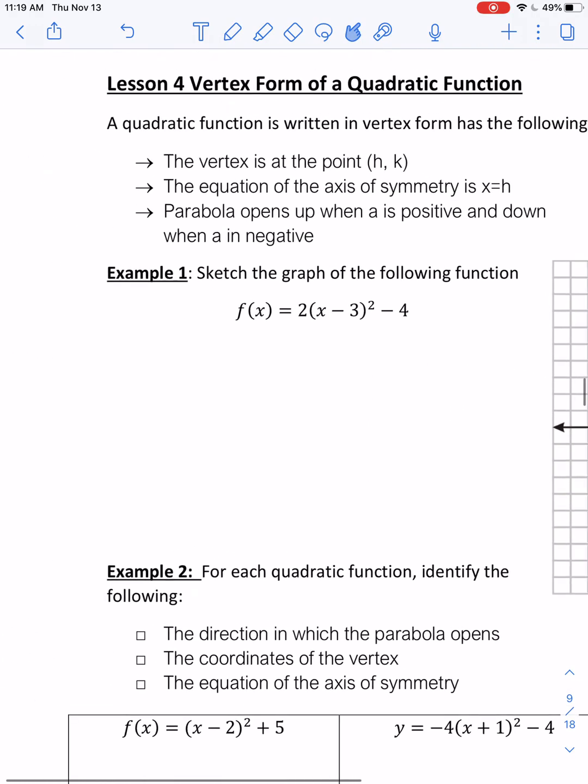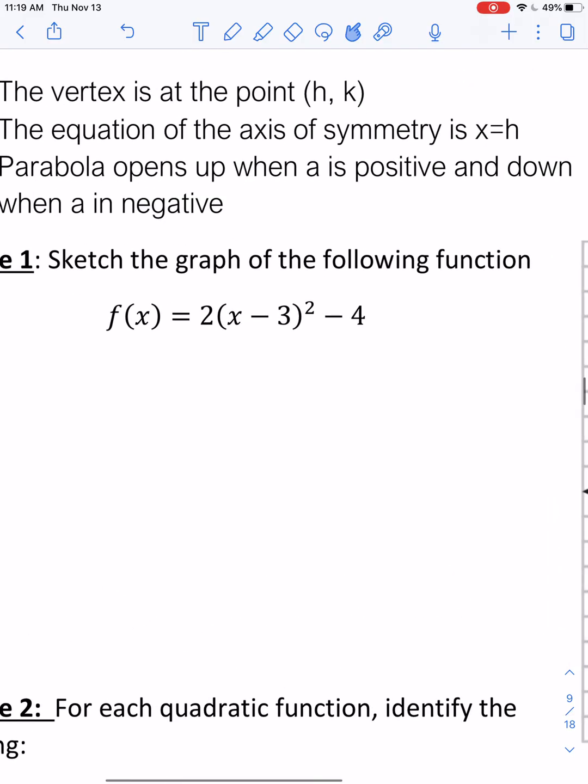So now that we talked about that, let's actually figure this out. Right away, we know our vertex is the opposite sign of that connecting sign. So the opposite of x minus 3 would be positive 3. And then our y value is exactly the way it looks, so it would be negative 4.